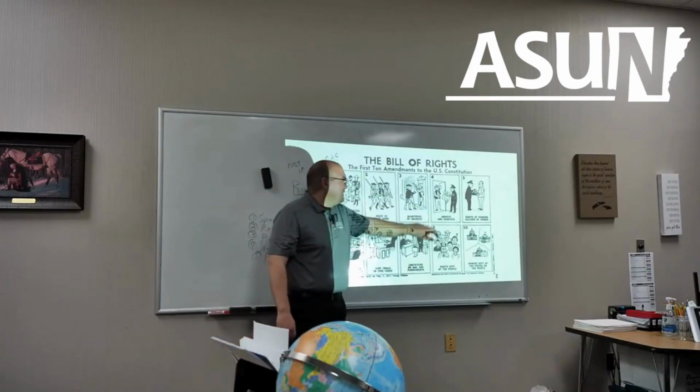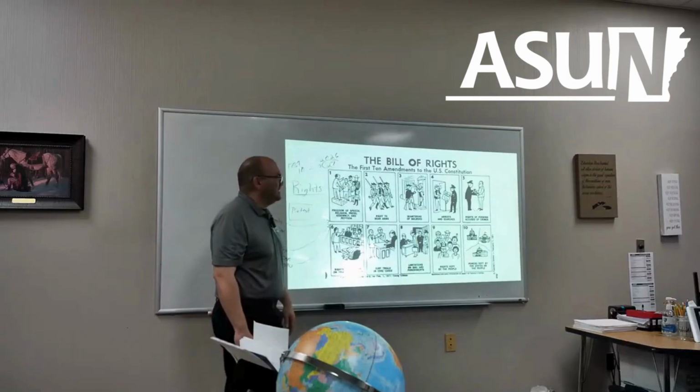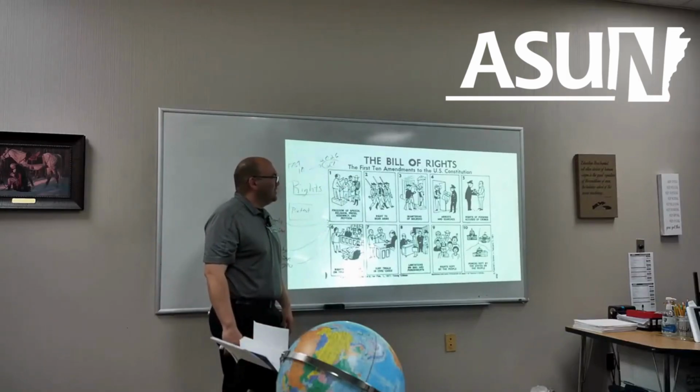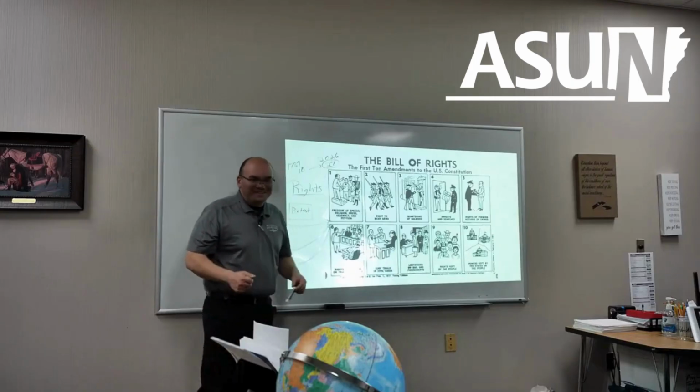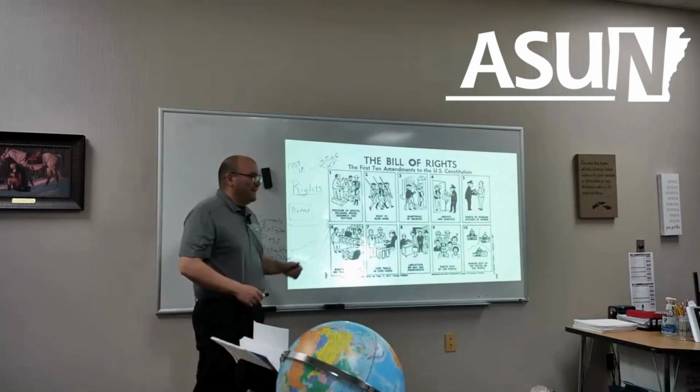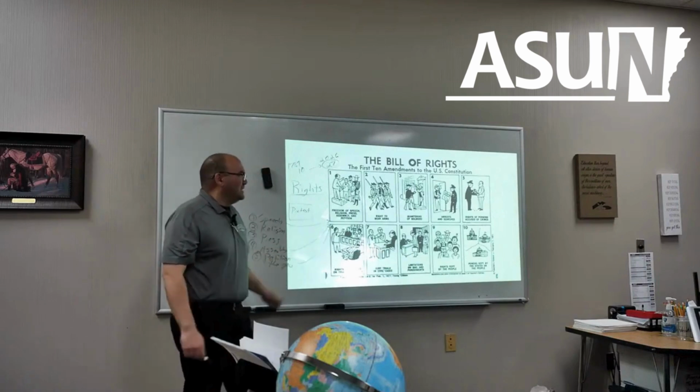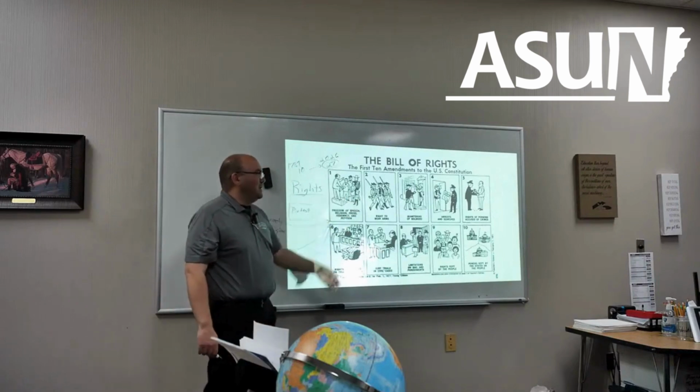Number 4, no illegal arrests and searches. What do the police have to have to come into your home? A search warrant, right? It has to be, hey, we think you have something. They just can't come into your home.